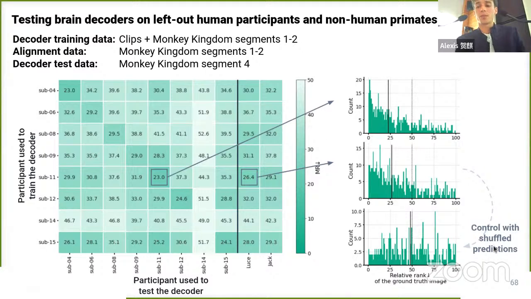We also run a control experiment where we shuffle our predictions and see that the median rank falls back to chance level, indicating that we're not just predicting large properties of the dataset, but that we're actually predicting things that correlate with what the person is actually seeing at acquisition time.